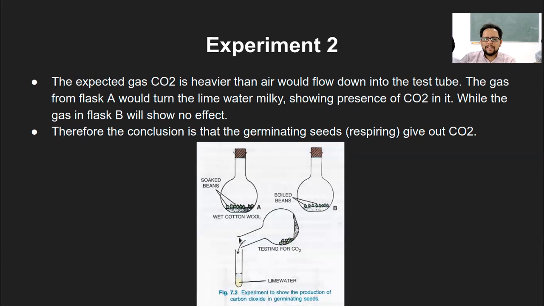If there is carbon dioxide in this flask, it will be poured into this tube, which will ultimately cause this tube to turn turbid. The same we do with flask B, where there will be almost no carbon dioxide, so the gas from flask B will not cause turbidity in the lime water. So that's the simplest experiment.